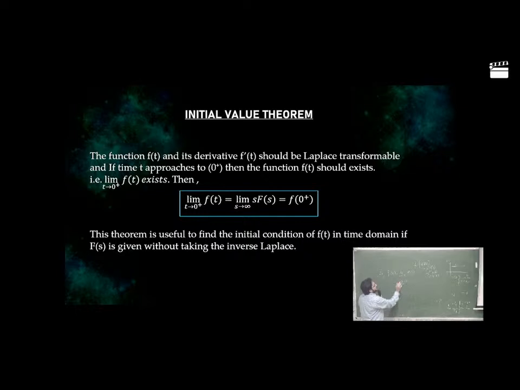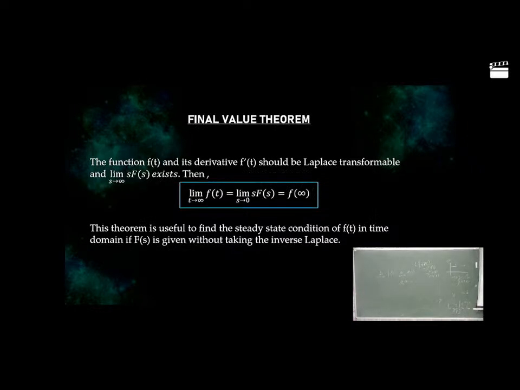In this way, you can find the initial value of any function. Similarly, you have the final value theorem, where limit t tends to infinity of f(t) is given by limit s tends to 0 of s into F(s). Similarly, there are conditions like the function should be Laplace transformable and sF(s) should exist.